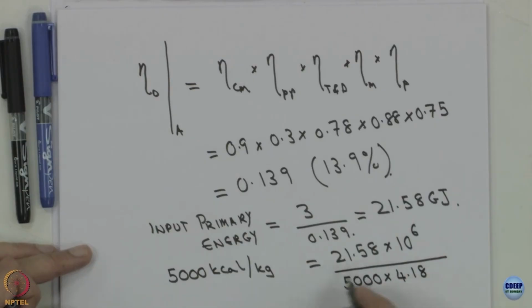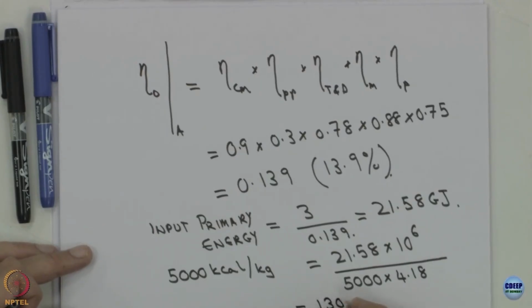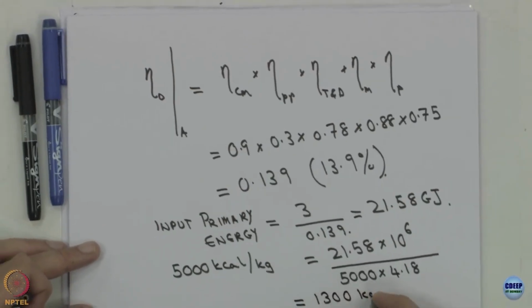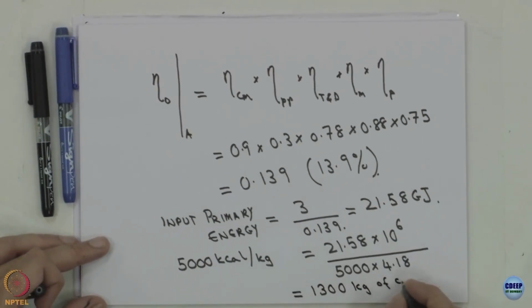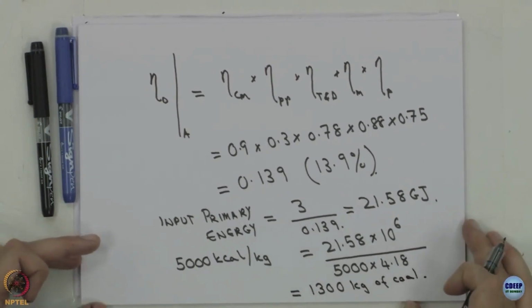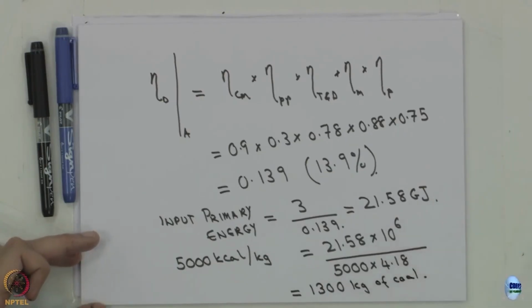This is kilojoules per kg, this was in kilojoules, so this will be in kgs, and it will give you approximately 1300 kgs of coal. You have calculated now what is the primary energy that is required.